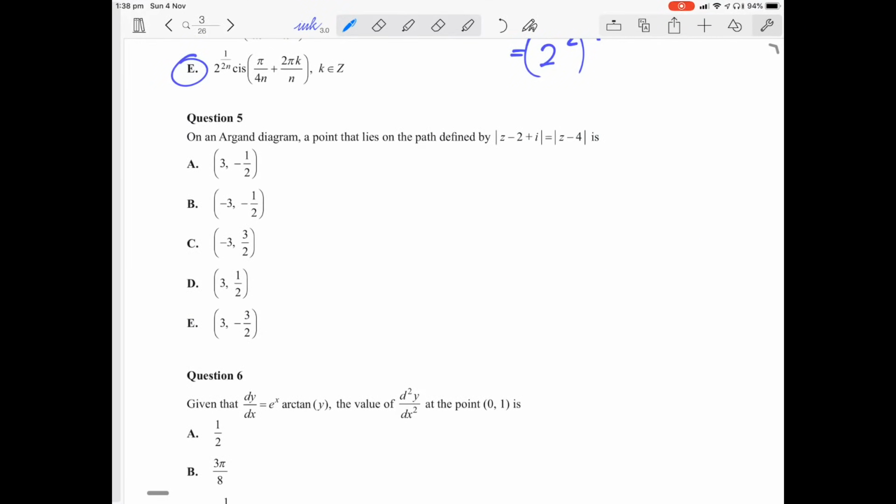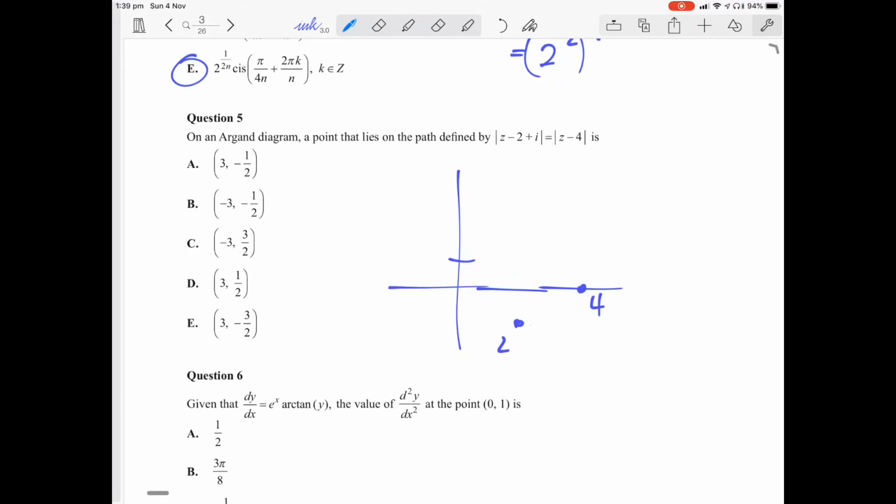Okay, and now a point that lies on the path z minus 4, that's going to be 4. The other point is 2, and then down 1. So we've got to work out the perpendicular bisector of that.